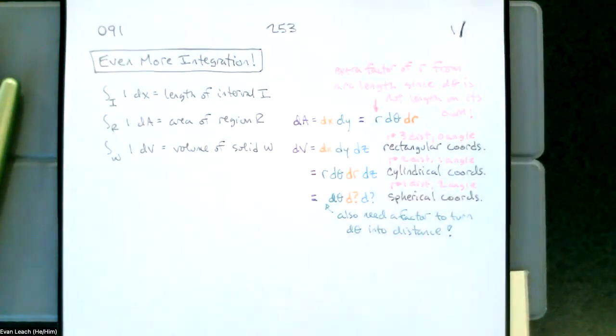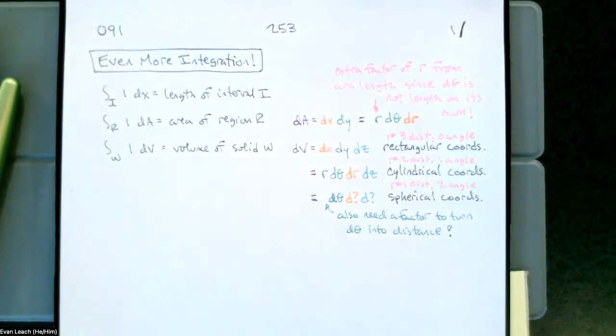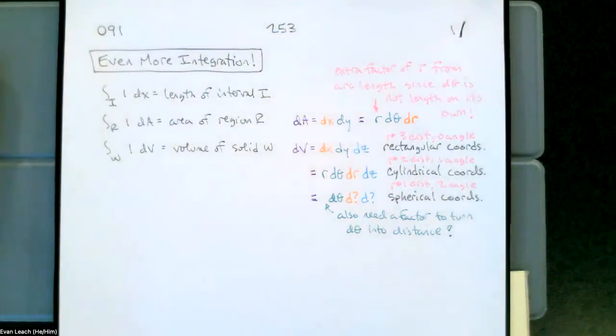So d theta, that's going to be an angle. So we're going to need another factor in our dV to turn the d theta into a distance. The orange one is going to be a distance, so that'll be okay.